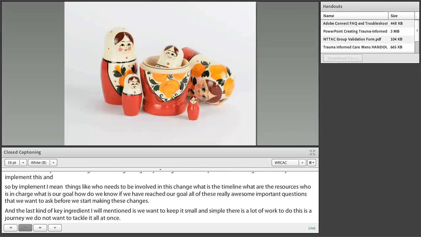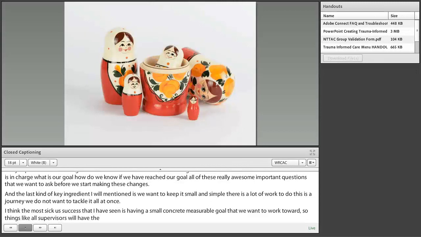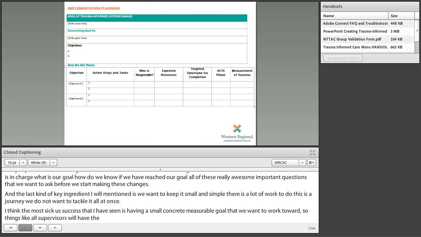That was a really long goal, but it's very specific, right? And so I just encourage you, as you're thinking about engaging this work within your organizations or within yourself, small and simple is good.